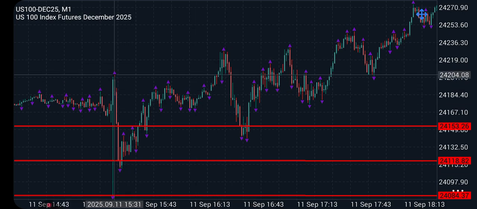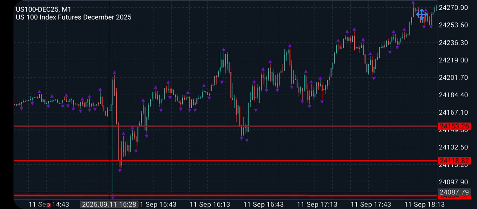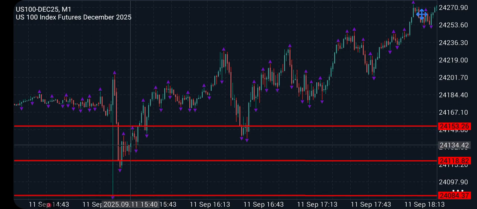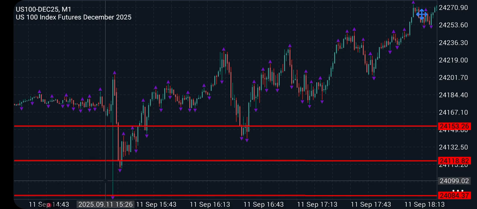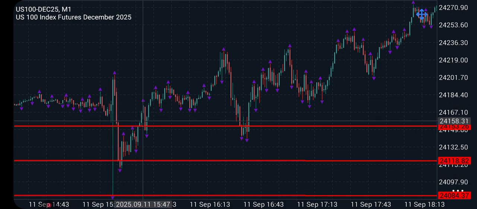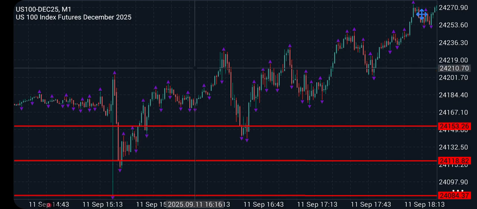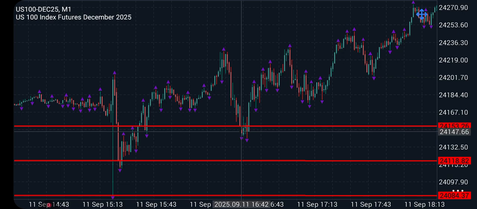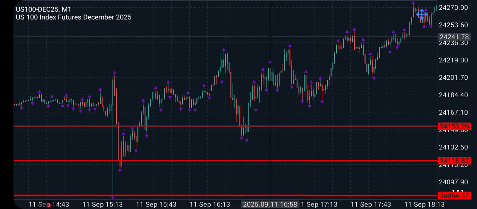Even look at this long wick, how it cleared this whole block. Then it quickly went all the way back up, came back into the equilibrium, went back up, came back here, sensitive, went back up, came down here. This is where I showed you on the high time frame. Came back down, went all the way up here.